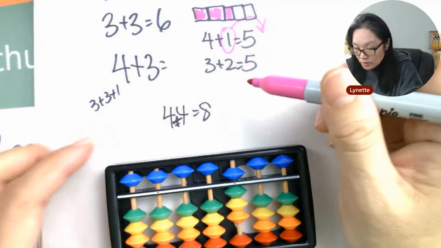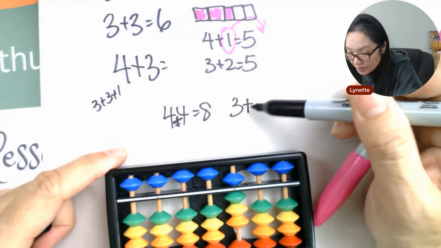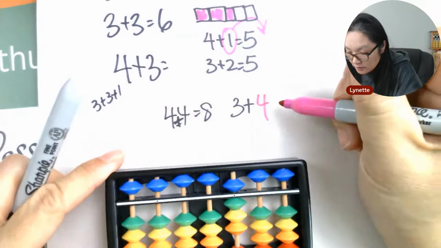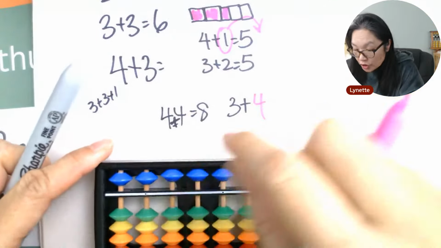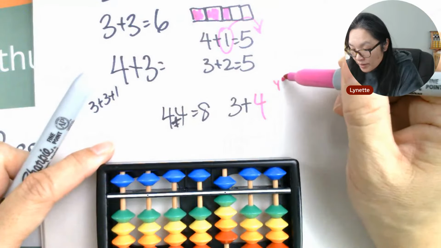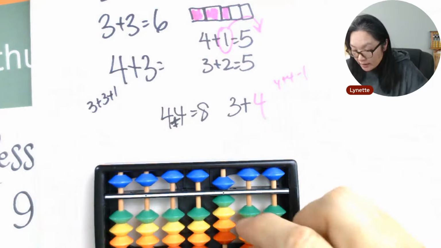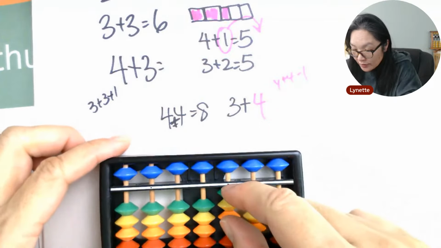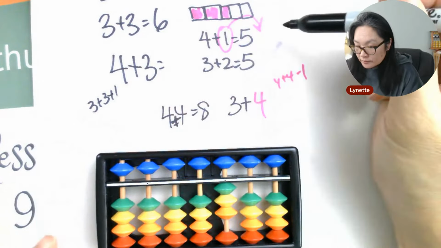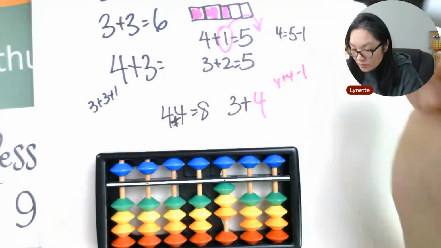Now, if we do 3 plus 4, maybe I should do 4 like this. 3 plus 4. Well, you could do your doubles and then minus 1: 4 plus 4 minus 1. You could do that. Or you can go on the abacus and say 3 plus 4, well, plus 4 is equal to plus 5 minus 1.